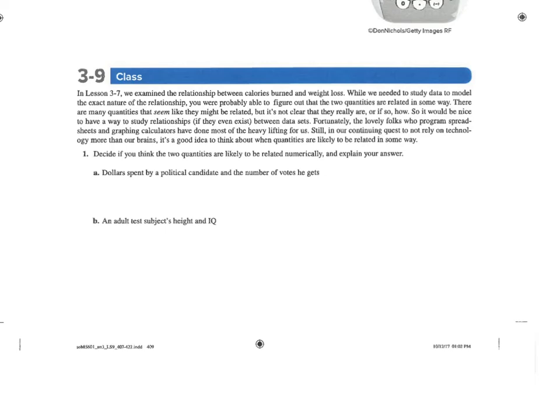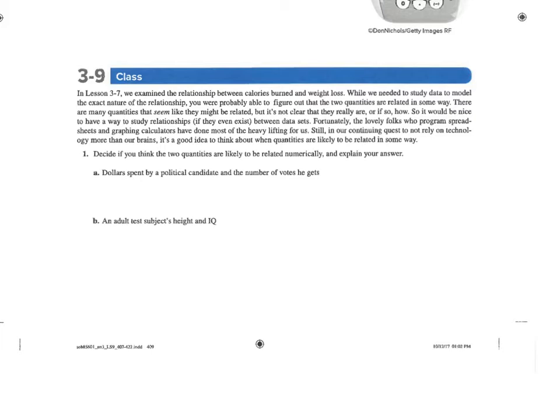So in the class portion, they're basically asking us whether or not you think two quantities are likely to be related numerically. And so 1A talks about dollars spent by a political candidate and the number of votes he gets. Well, generally, if someone spends a lot of money on an election, they get a lot of votes, and that used to be pretty much the case.